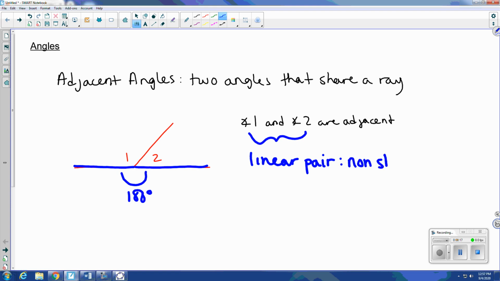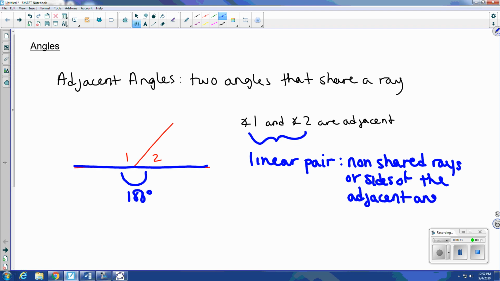So non-shared rays or sides of the adjacent angles form a line. Or, maybe even more simply put, a straight angle. Now, it's important to note that a linear pair has to be a pair of adjacent angles.